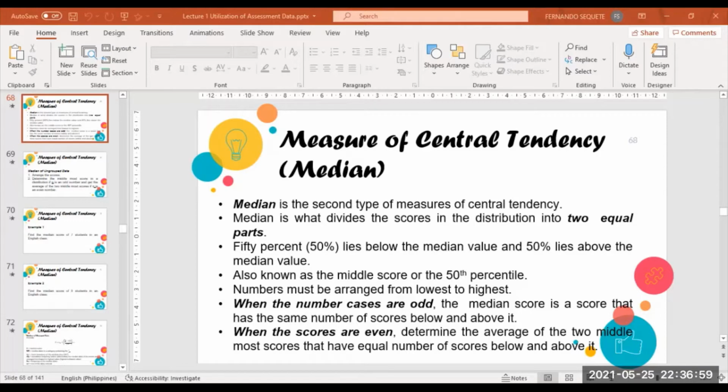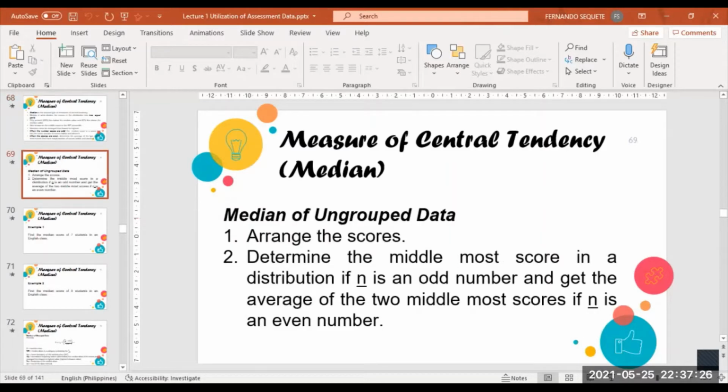For this part, we really have to arrange our data from lowest to highest. Sir, why lowest to highest only? You can actually arrange it from highest to lowest, but for the purpose of not confusing anything, we really have to stick to this particular arrangement. We will stay with the lowest to highest arrangement.